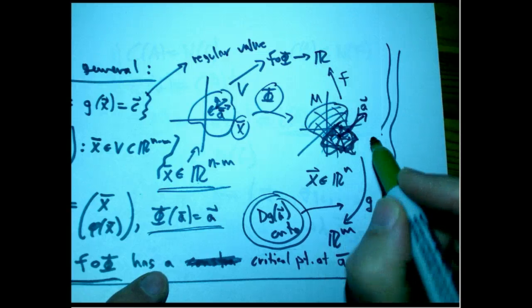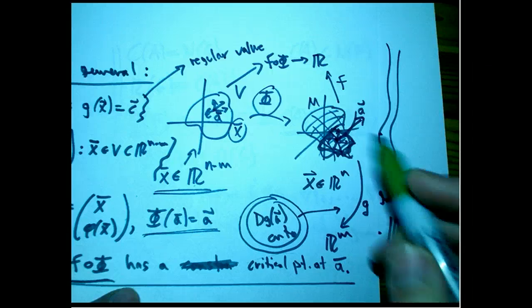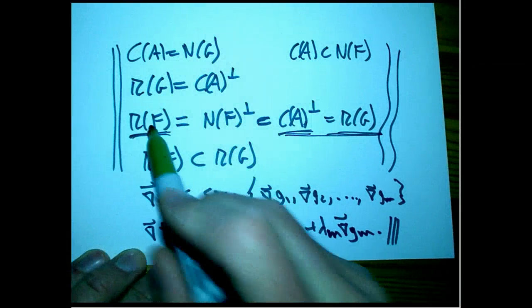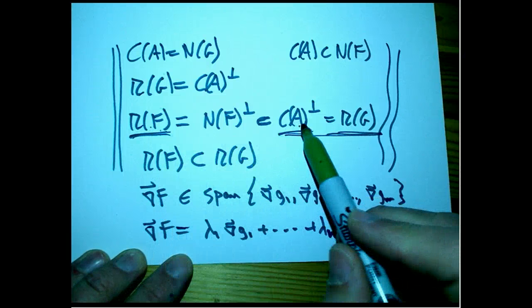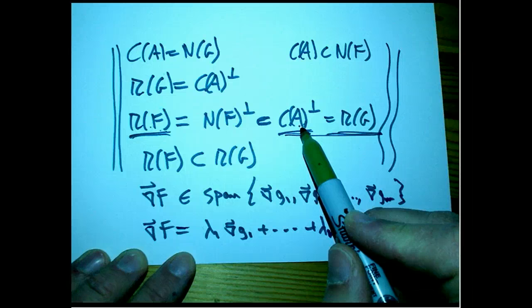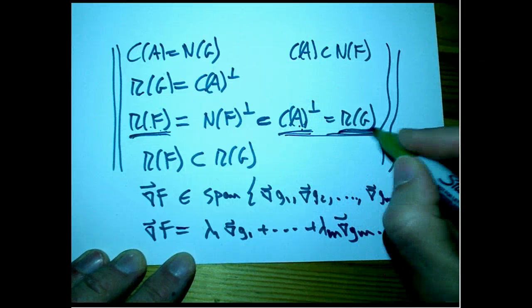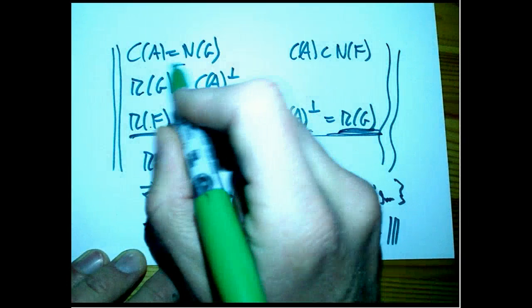Otherwise, if it's at an angle, then I can go in generally that direction and get a non-zero rate of change and still stay on the manifold. So this expression is just directly saying that the gradient of F is perpendicular to the tangent space. But hey, wait a minute. The perp of the tangent space is exactly described by the span of the rows of G. That's that tight connection we get from the equality here.